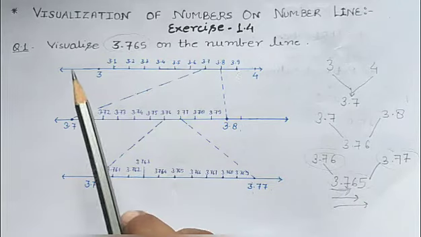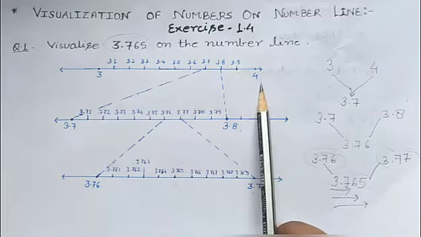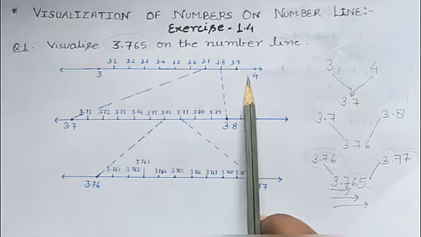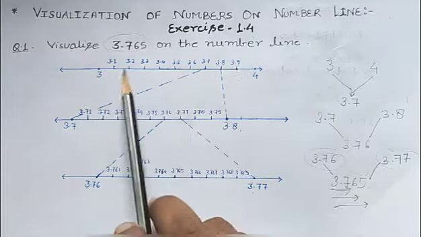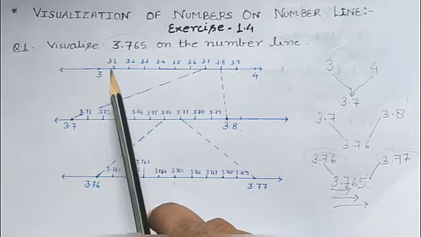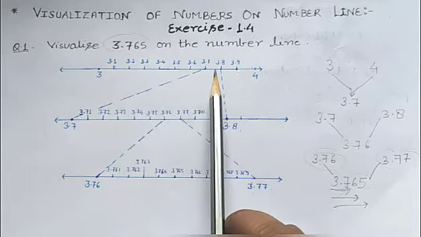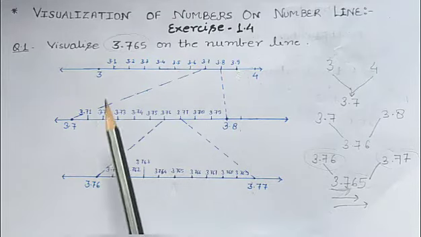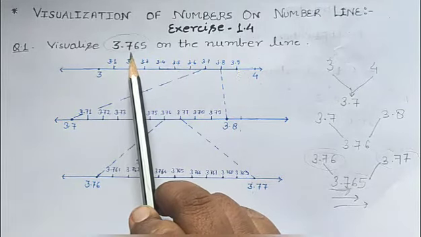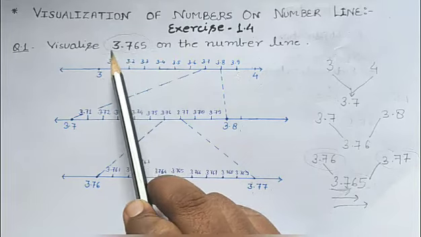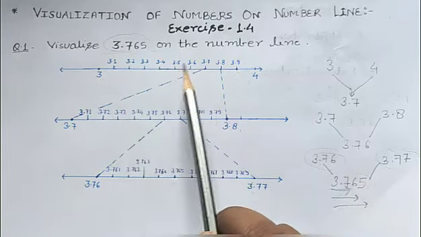Now see, on the number line, 3 and 4, we have divided the distance between 3 and 4 into 10 equal parts, so that we can represent 3.1, 3.2, 3.3, 3.4, 3.5, 3.6, 3.7, 3.8, 3.9. Now the number is 3.765, so firstly we will take 3.7. 3.7 is here.